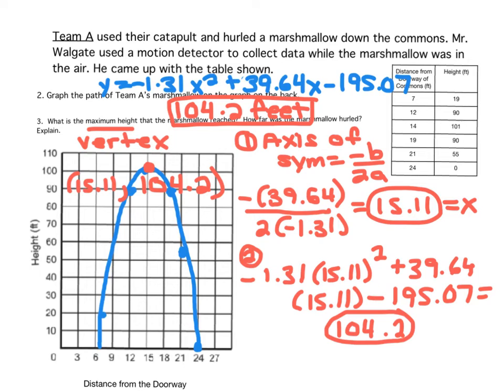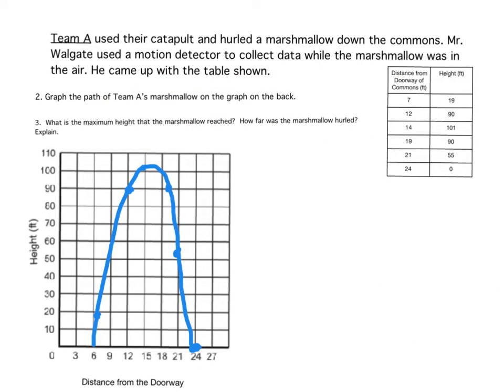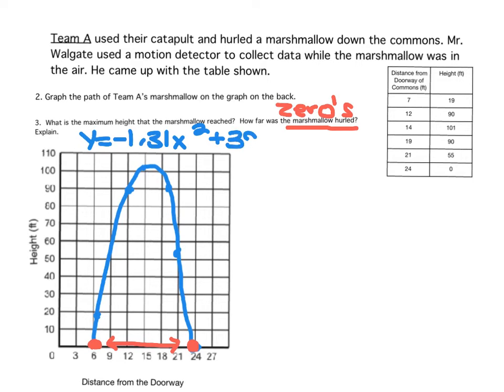Right, now let's look at how far it has been hurled. So when we're looking at how far it's been hurled, that's the distance that it's traveled from here to here. So that's the same as finding our zeros of the function. And remember, our zeros can be roots, they can be solutions, they can be x-intercepts, they follow lots of different names. So in order to find those, we have our equation, y equals -1.31 x squared plus 39.64 x minus 195.07.